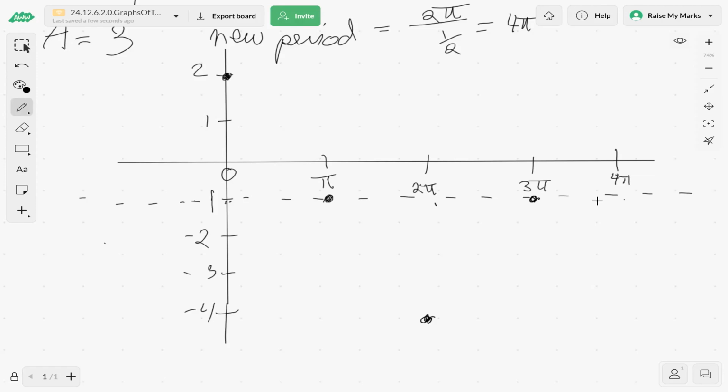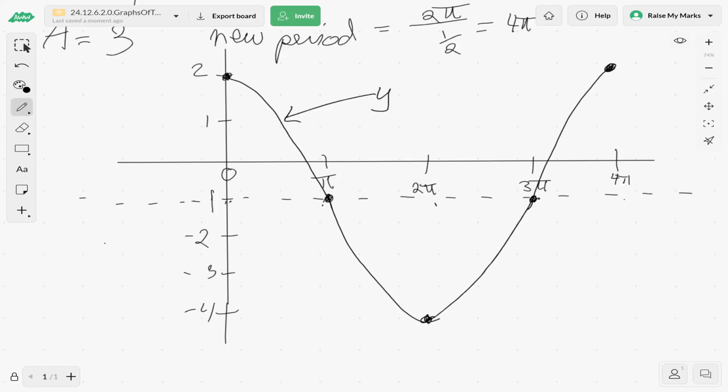And then when x equals 4 pi, our amplitude again is 3, so we're back at our maximum value of 2. So let's join these dots with a nice smooth curve. So this is the graph of y equals 3 cosine of 1/2 x minus 1.